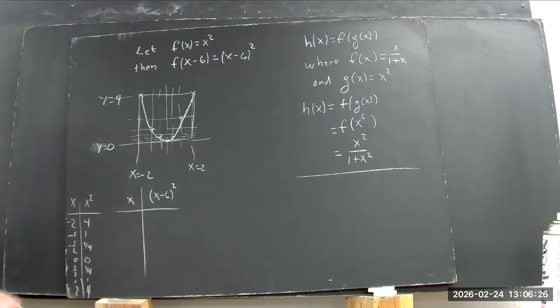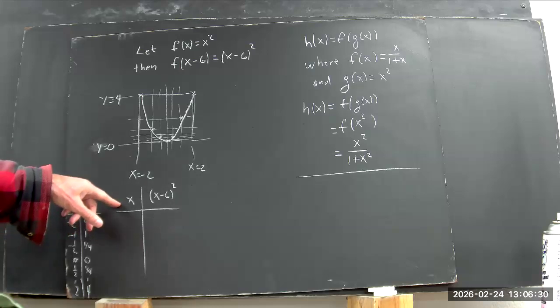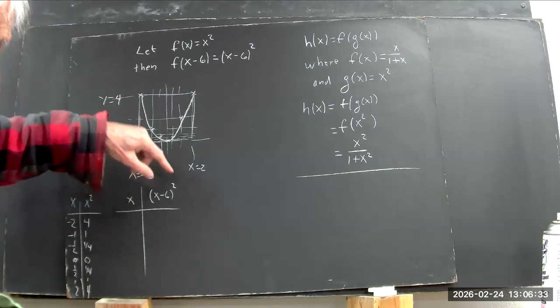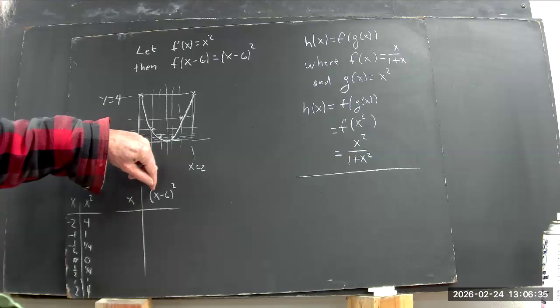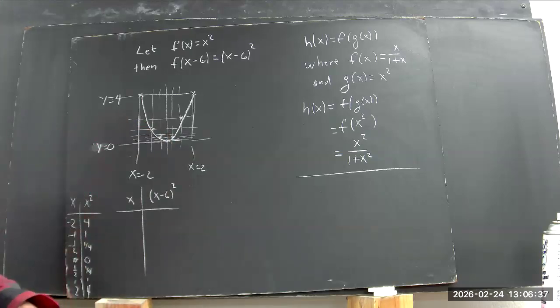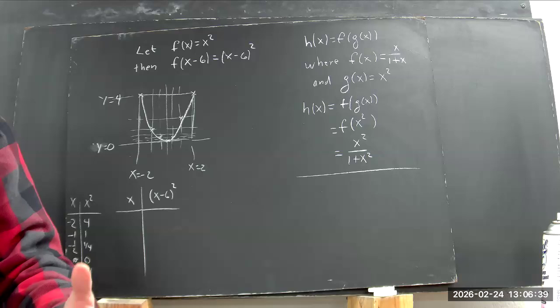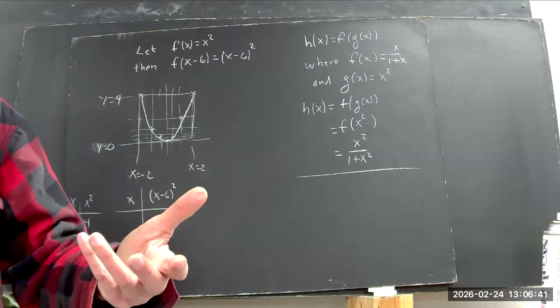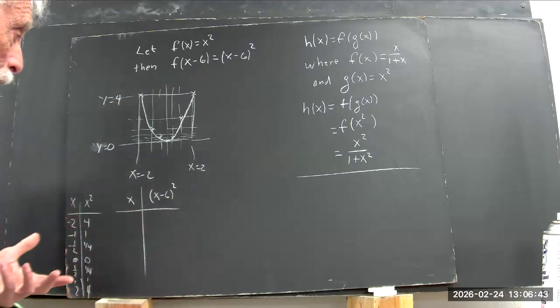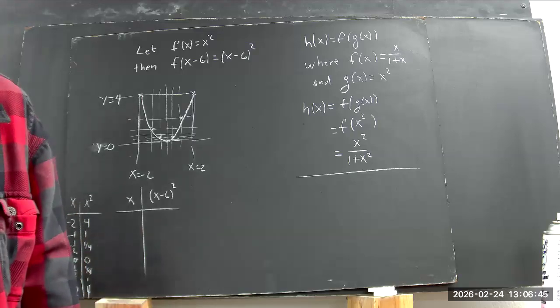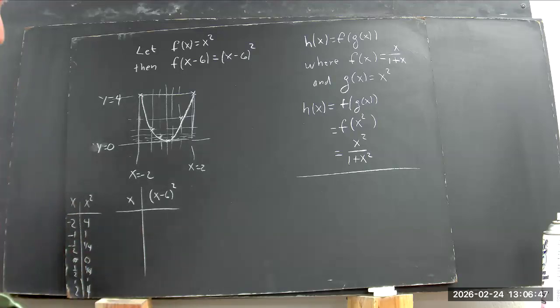Okay. If I put in 0 for x in the x minus 6 squared function, I get 0 minus 6 squared, which is minus 6 squared, which is 36. I want to get 0. What number would I have to put in for x to get 0? Show me with your fingers.